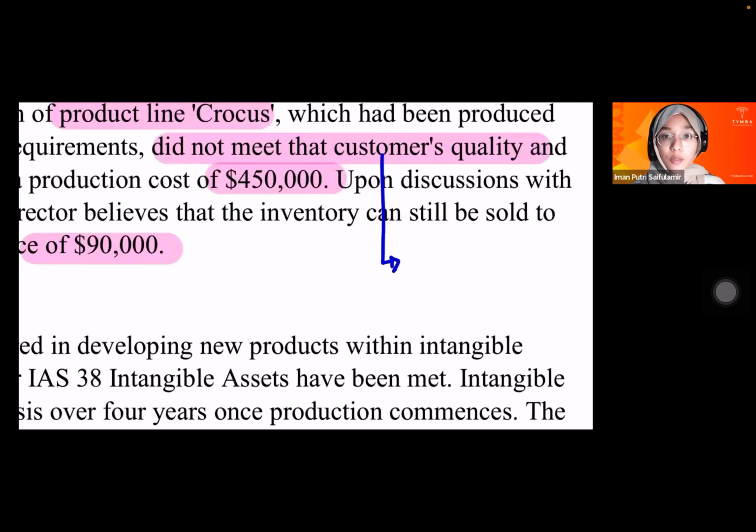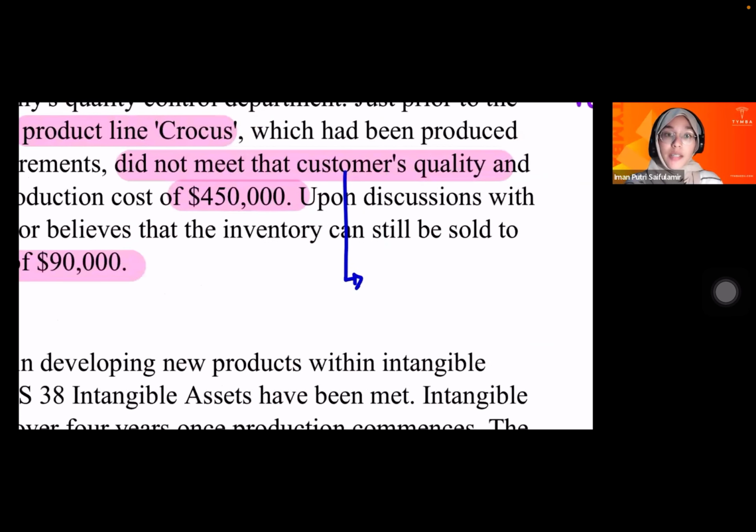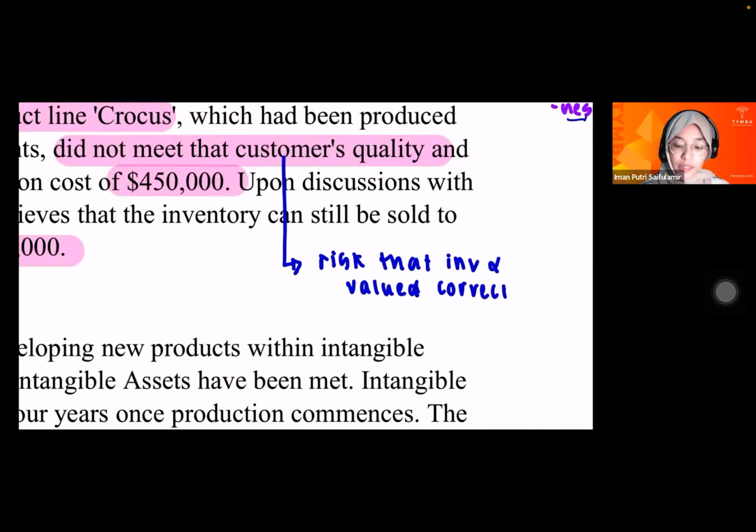In accordance with IAS 2, the risk is that the inventory should be measured at the lower of cost or NRV. So there is a risk that inventory is not valued correctly in accordance with IAS 2.